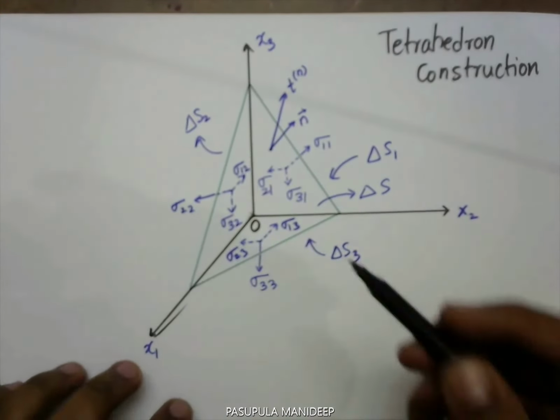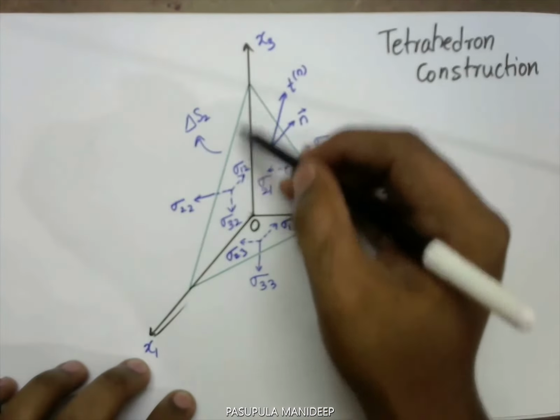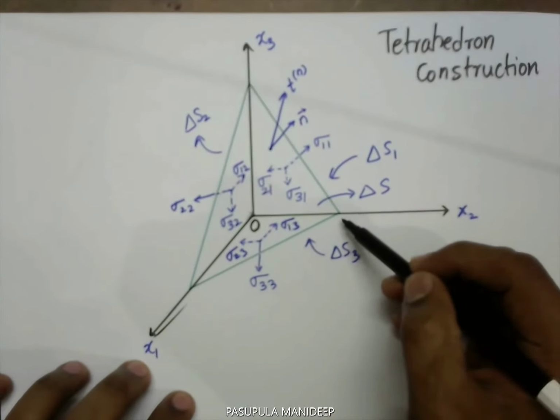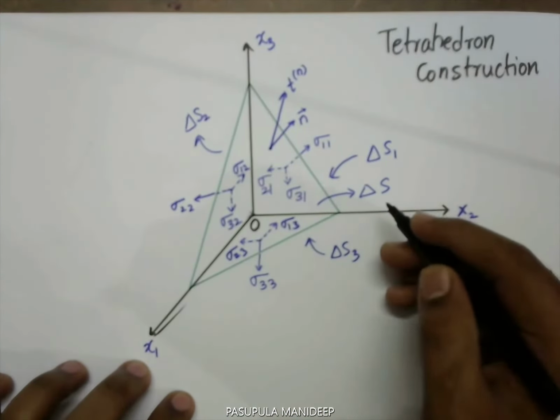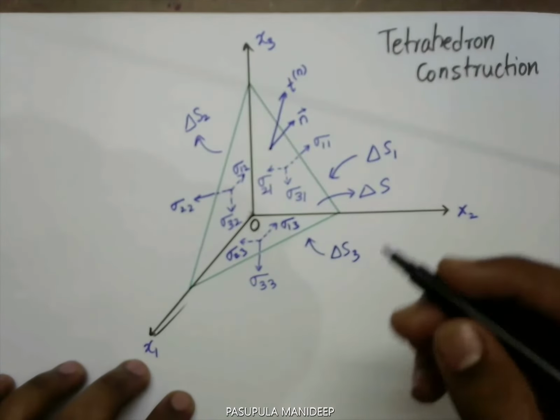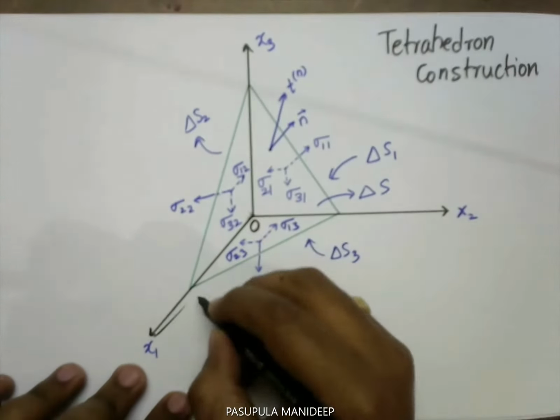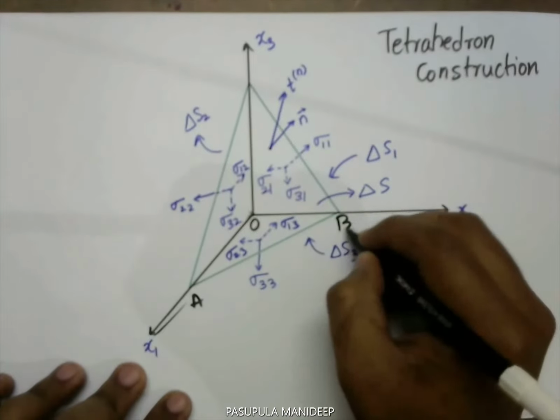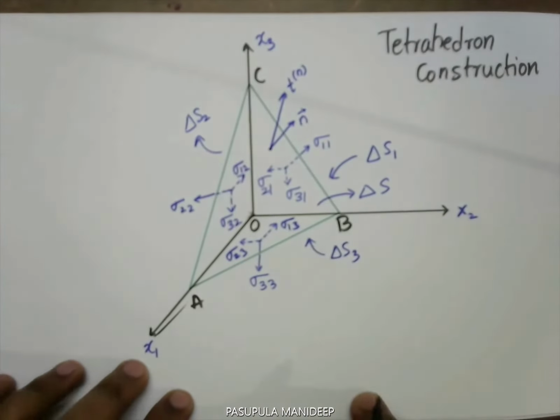Now let us consider the area of the base of the tetrahedron as delta S. Let me name the vertices A, B and C, which will be clearer.